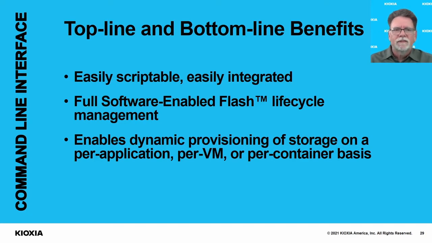The benefits of the Ceph CLI are that it's easily scriptable and integrated into any sort of automated deployment system or provisioning system. It supports, once again, all of the functions of the API itself, and it even includes a Python interpreter so that you can actually supply Python programs to the CLI to execute software-enabled flash directives.